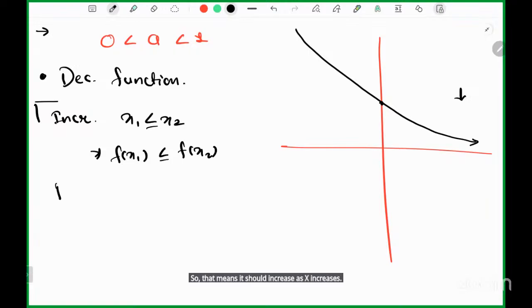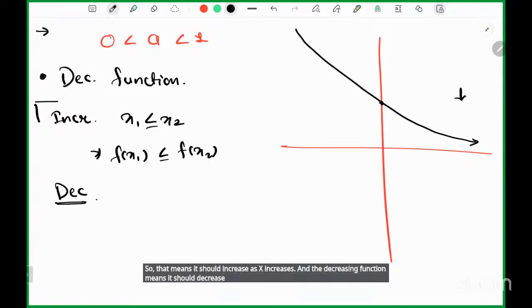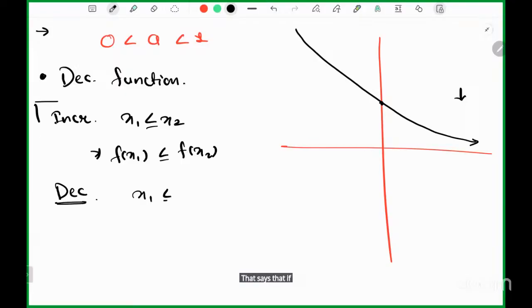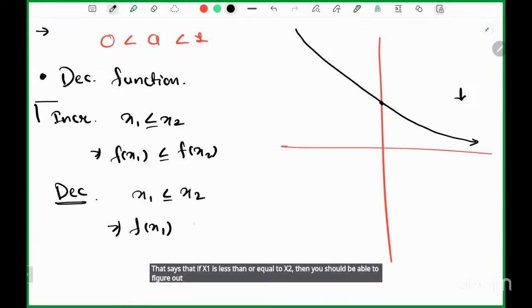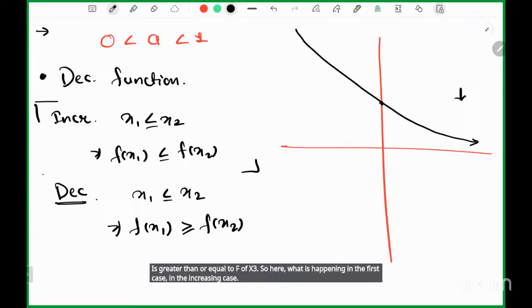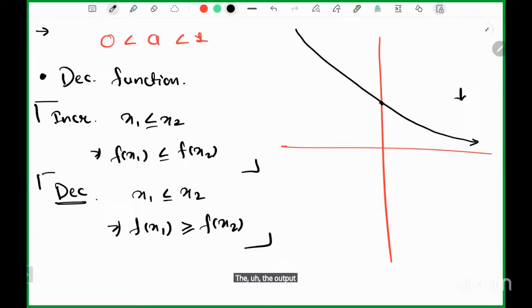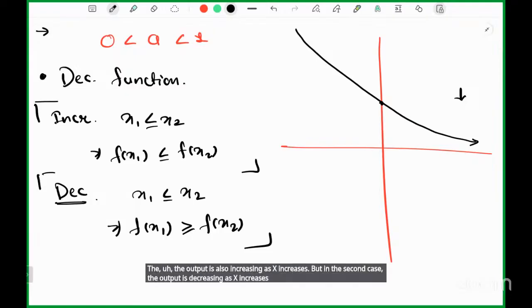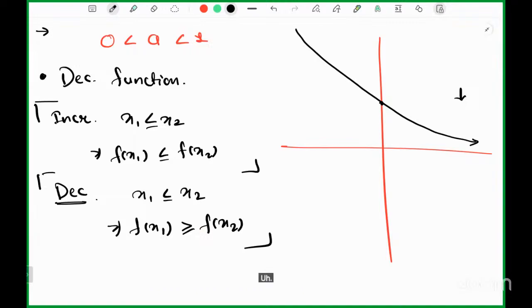A decreasing function should decrease as x increases: if x1 is less than or equal to x2, then f of x1 is greater than or equal to f of x2. In the increasing case, the output increases as x increases, but in the second case the output decreases as x increases. That's why it's known as a decreasing function.